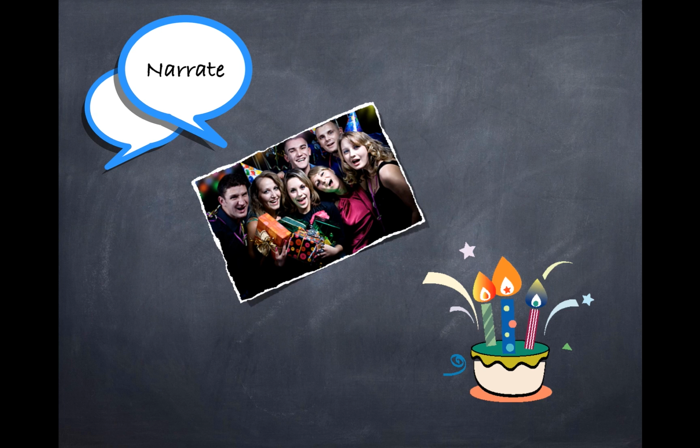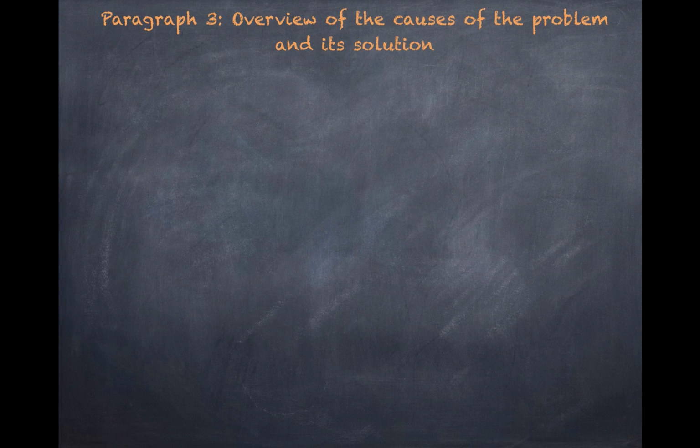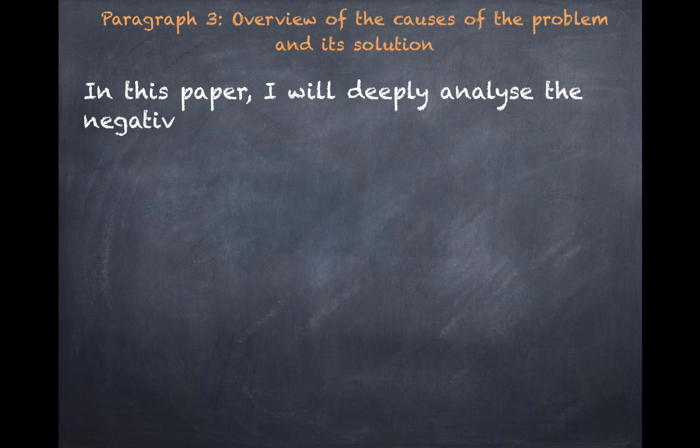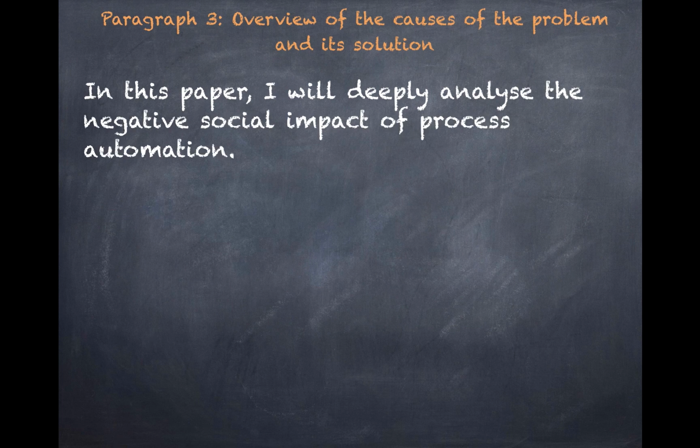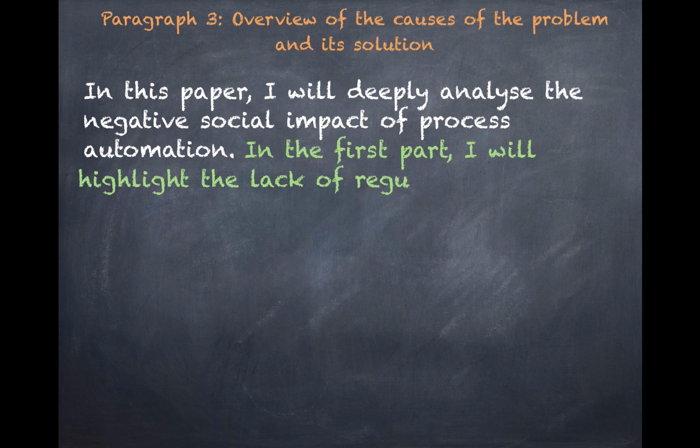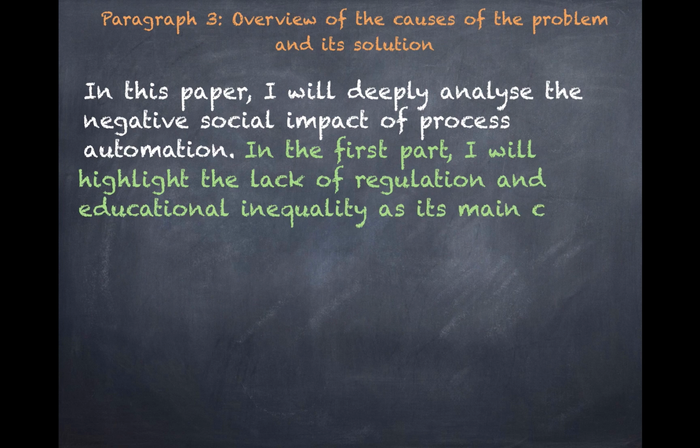In this sense, our third paragraph could be as follows. First, a general phrase like, in this paper, I will deeply analyze the negative social impact of process automation. Then, a summary of the causes. In the first part, I will highlight the lack of regulation and educational inequality as its main causes.